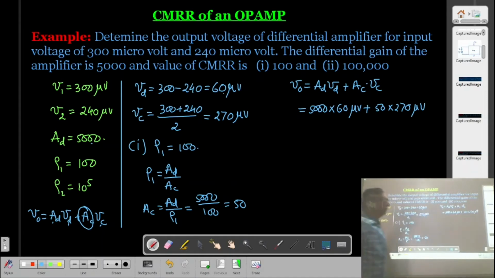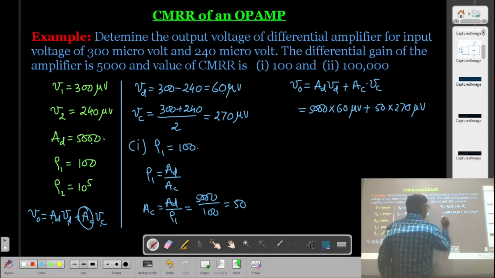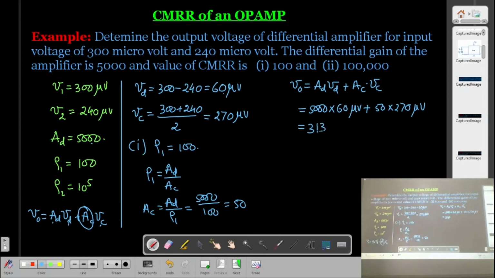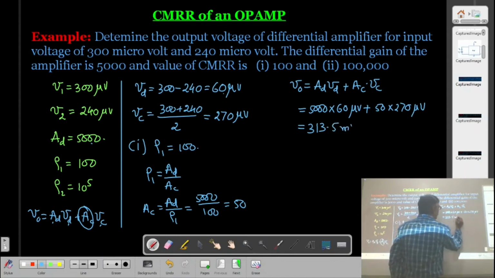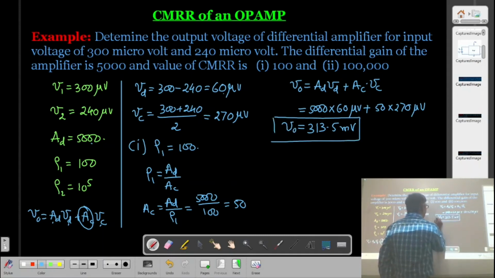Correct? So now you can calculate this output voltage and this will come out to be 330.5 millivolt. Remember, this is the output voltage in the first case.